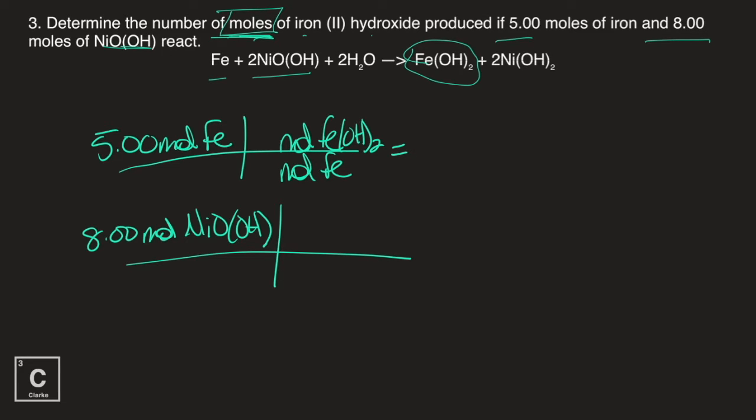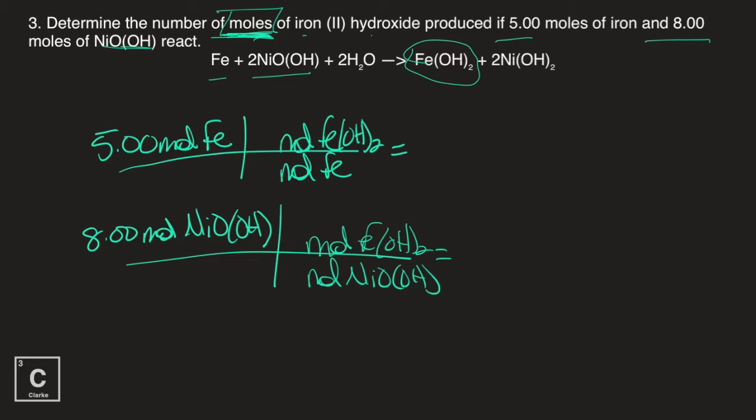Because if we put an equal sign there, it'll tell us moles, because that's what's on top. What's on top comes on bottom, moles of nickel oxide hydroxide. First time we put mole on bottom, we put mole on top. We want to compare to the same product, iron 2 hydroxide. And since we're only looking for moles, we're going to stop. There is no reason to carry this problem further.